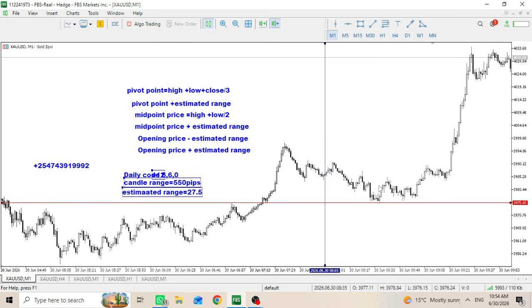Remember, it's 0 to 9. 2029 is 9. And now, 2030, we are entering a new decade. And after we enter a new decade, the market will be hard like hell. The market was easy from 1990 to 2000.